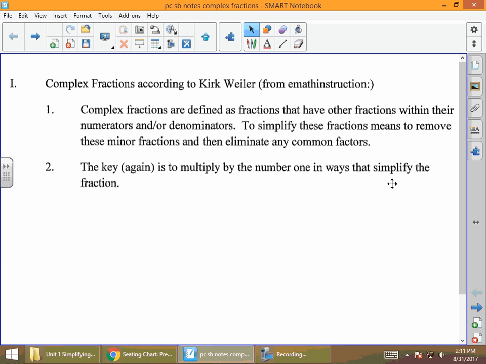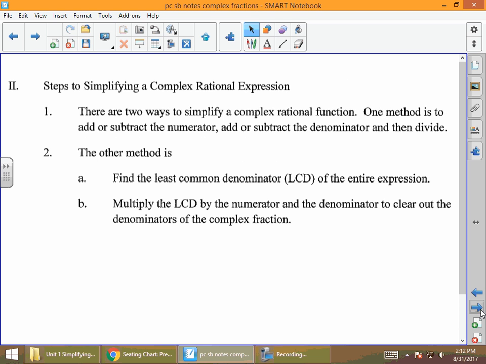And what we're going to try to practice with over the next couple days is simplifying complex fractions. And in order to simplify a complex fraction, we still need to multiply by that fancy form of 1. There's actually two ways to deal with complex fractions, and I want to show you both methods. On problem number 1, we'll do the first way.